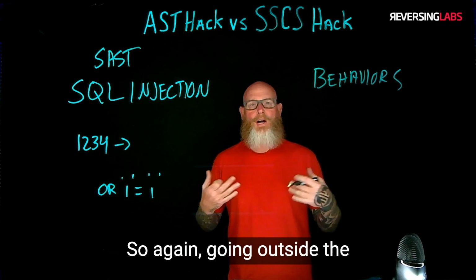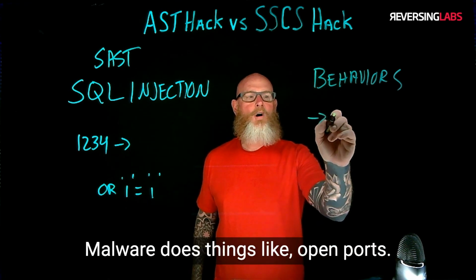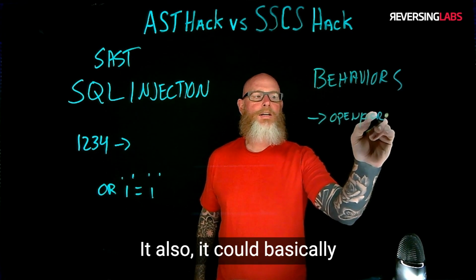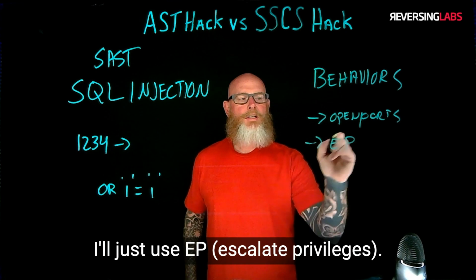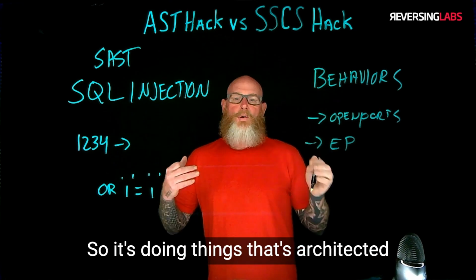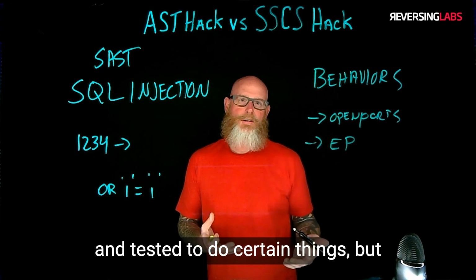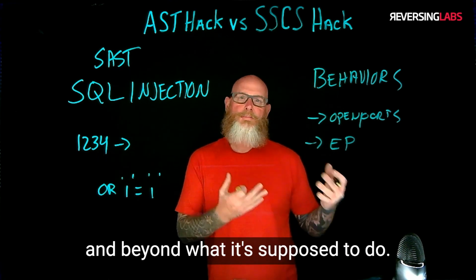So again, going outside the bounds of the intended purpose, malware does things like open ports. It could basically escalate privileges, EP. So it's doing things that's architected and tested to do certain things, but the malware makes it do things above and beyond what it's supposed to do.